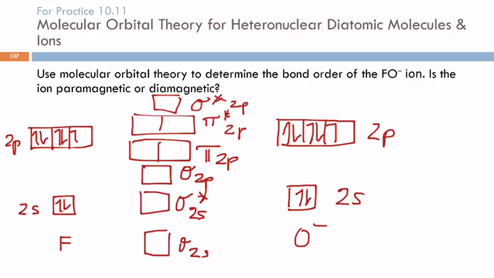How many electrons am I putting into the molecular orbitals? 14. 1, 2, 3, 4, 5, 6, 7, 8, 9, 10, 11, 12, 13, 14.